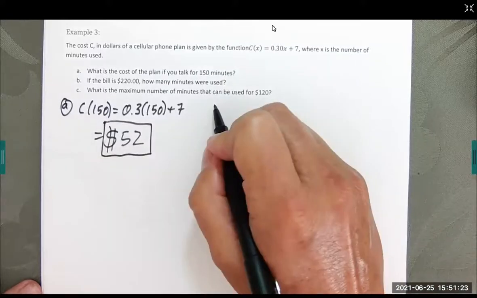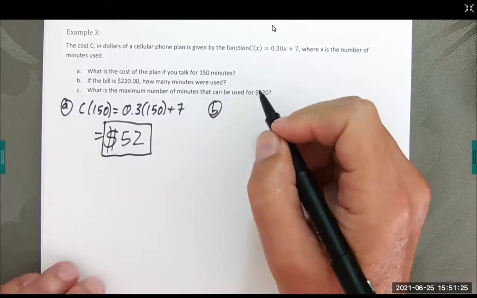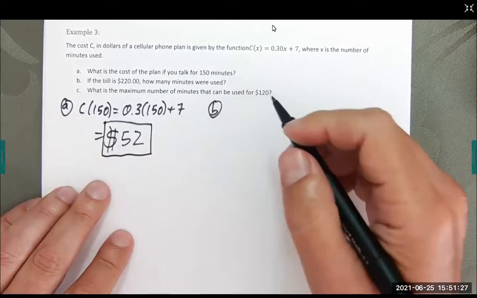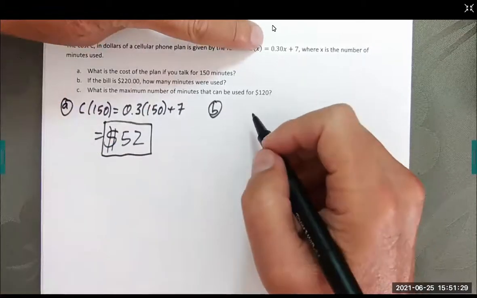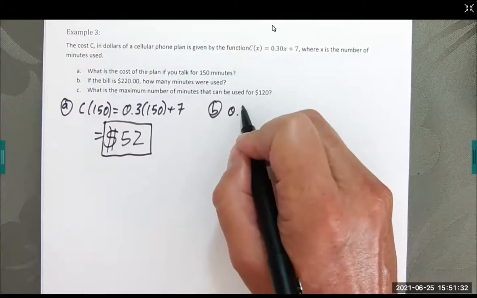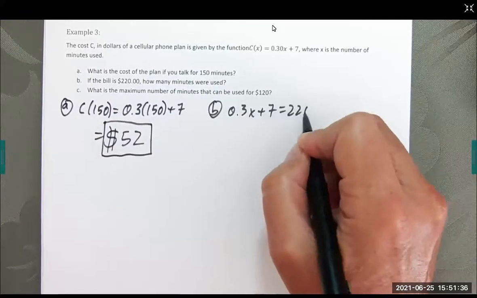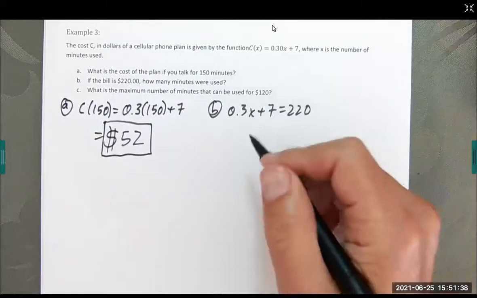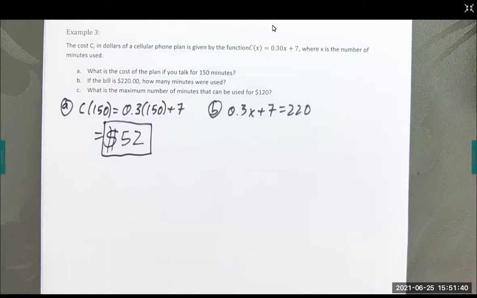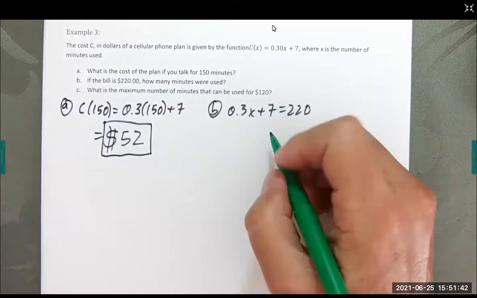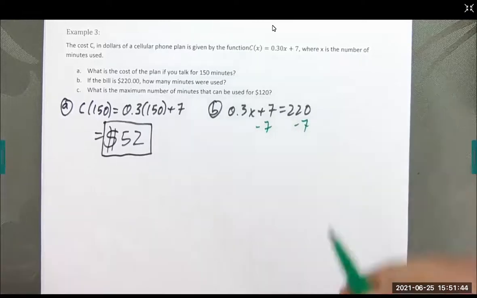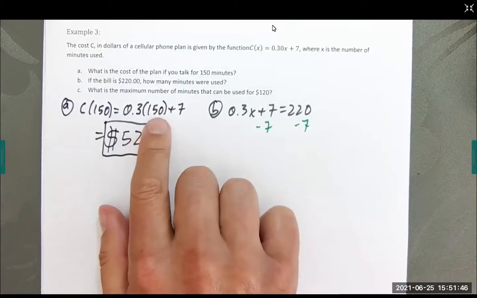Part B, if the bill is $220, how many minutes were used? Okay, so we're just going to take this and set the whole thing equal to 220. So 0.3x plus 7 equals 220. Subtract a 7. By the way, we know it's going to be more than 150 minutes, right?